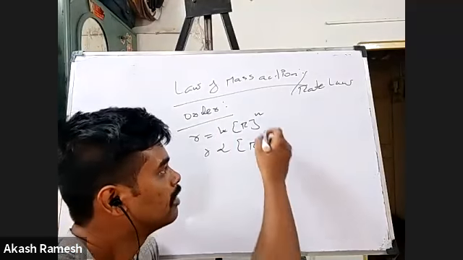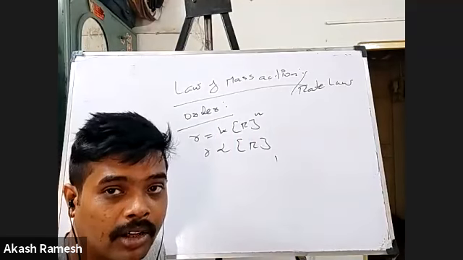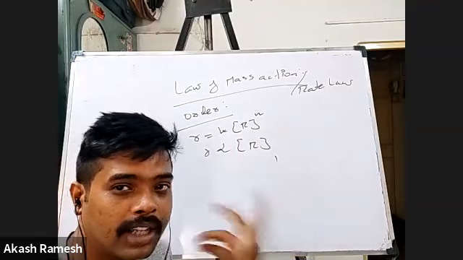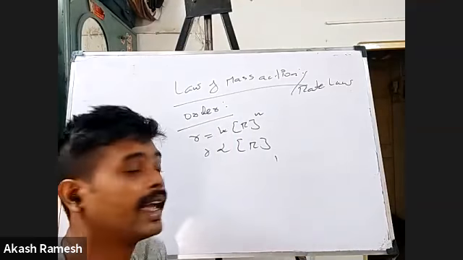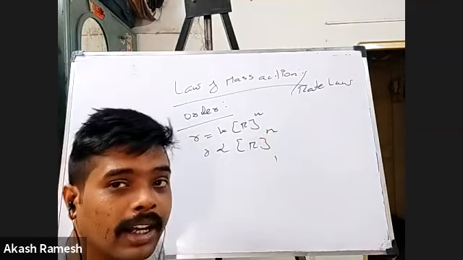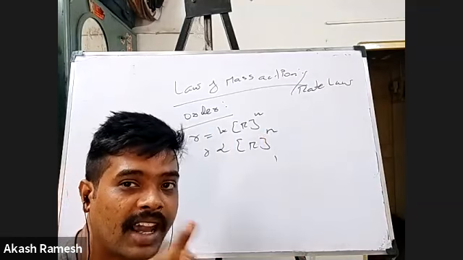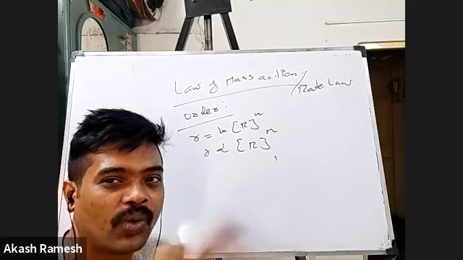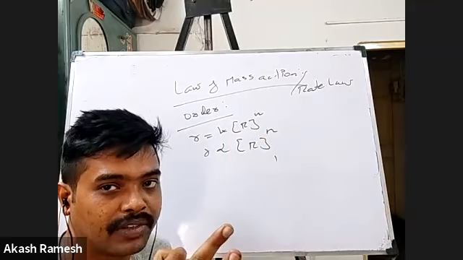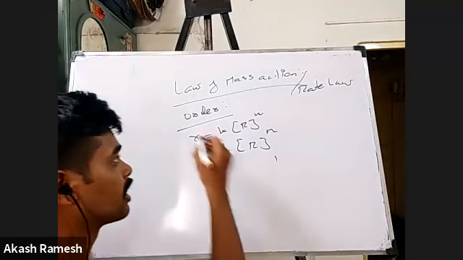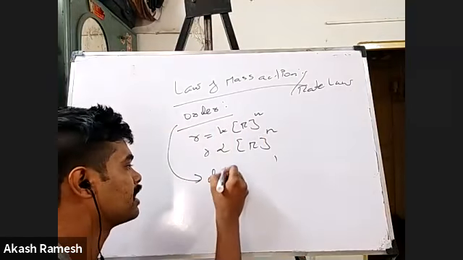But what if the power is 2, or 3, or 0.5, or say 0.33? It can be anything. So this order decides how the rate is varying with respect to the concentration of reactant. Very, very important.